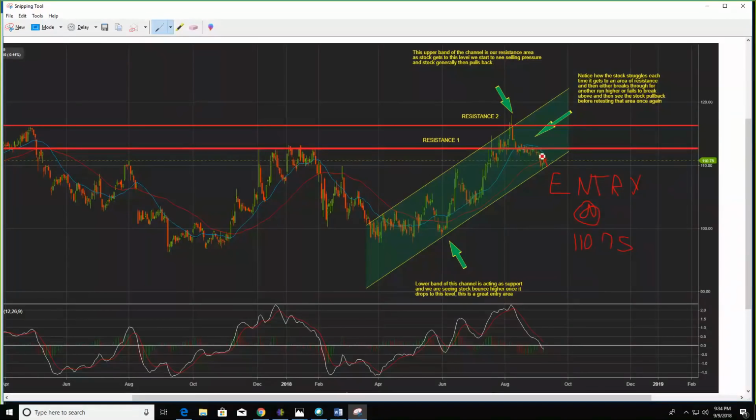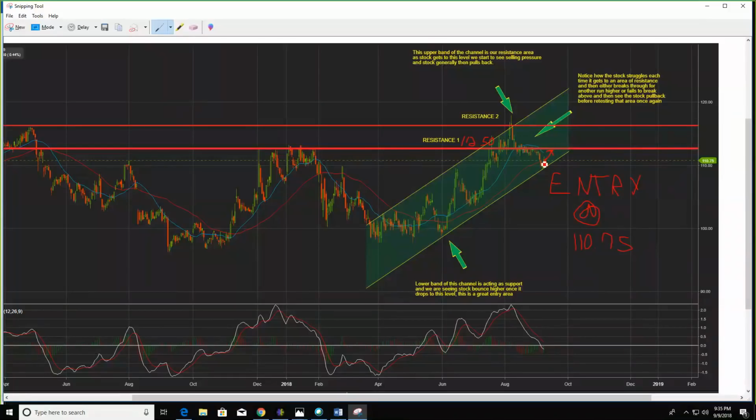Okay, and then what we're expecting the stock to do is go up to this area here, which is our resistance 1. So we have resistance at 112.50. So if we enter this trade now, we already know we're getting around a 2-point move higher, which is going to be a nice profit for us.